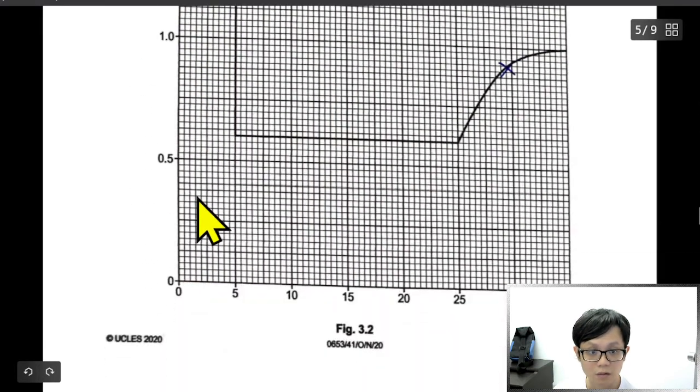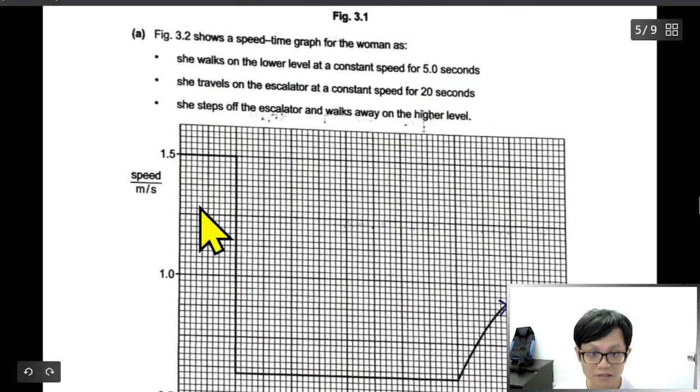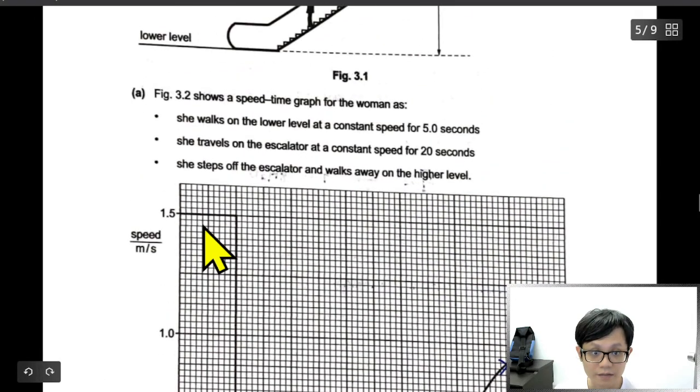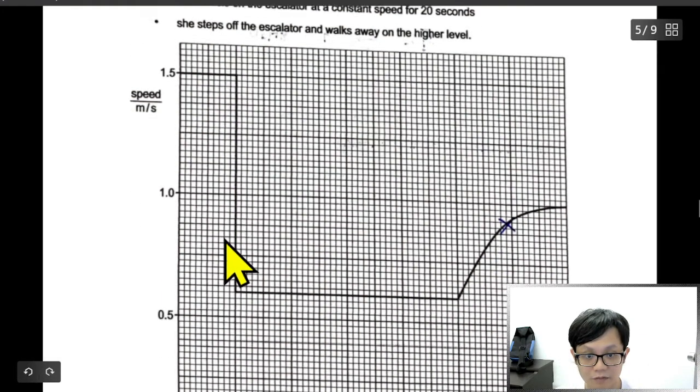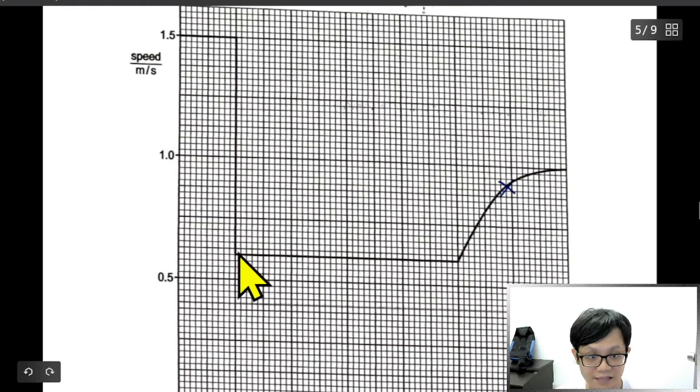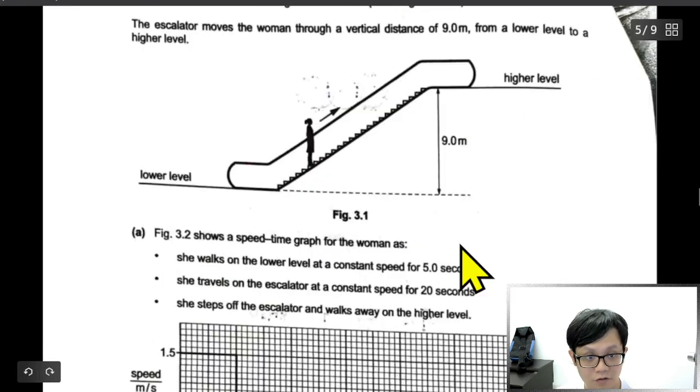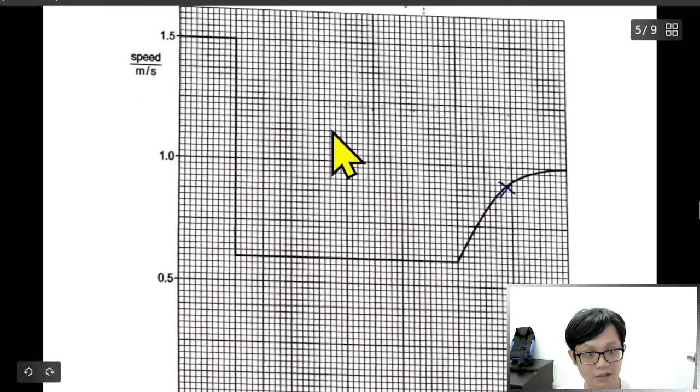So this is the speed-time graph of the woman. At first the woman walked very fast, 1.5. After that the woman stands on the escalator, but there's still speed because the escalator is still moving, and then the woman walks again, slower than the first time she walked.